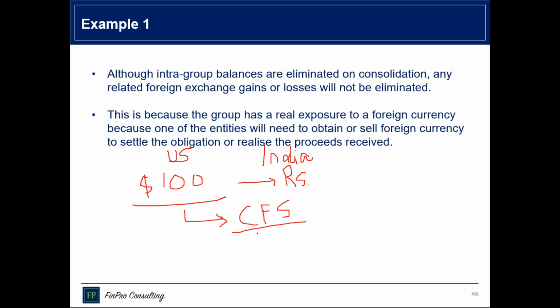This is a very important point where I've seen a lot of companies make mistakes in the elimination process of intercompany loans which are in foreign exchange. So all of you just keep in mind, while eliminating, if the group is having the foreign currency exposure, it will continue to be recorded even in the consolidated financial statements.